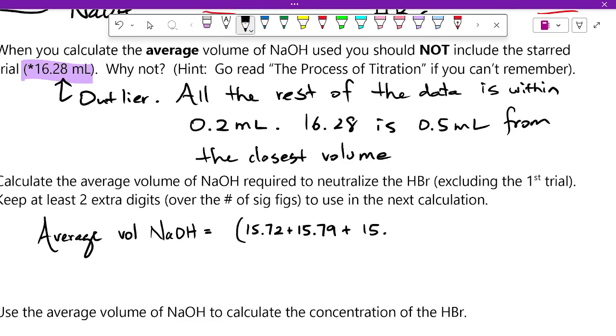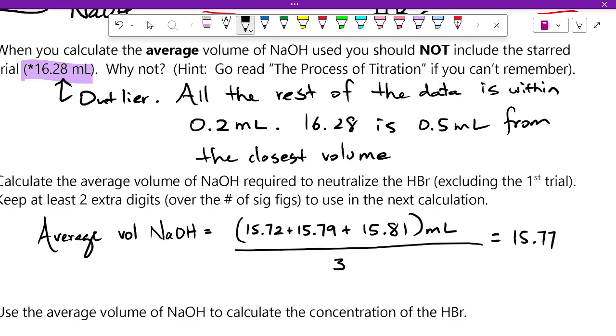Exclude the first one because it is the outlier. And because we're not done with our calculations yet, I'm going to throw on a couple extra digits just so I don't end up with a rounding error later.